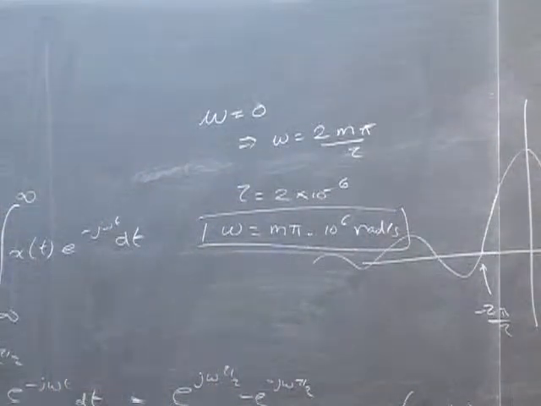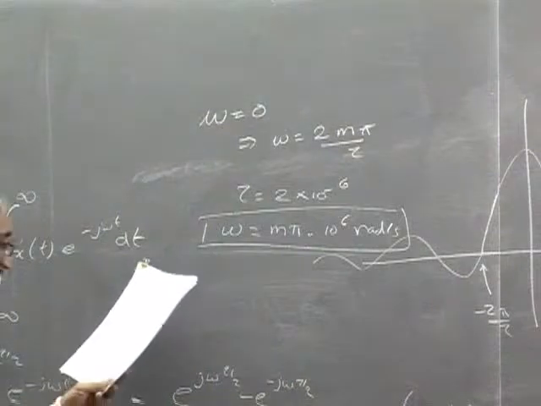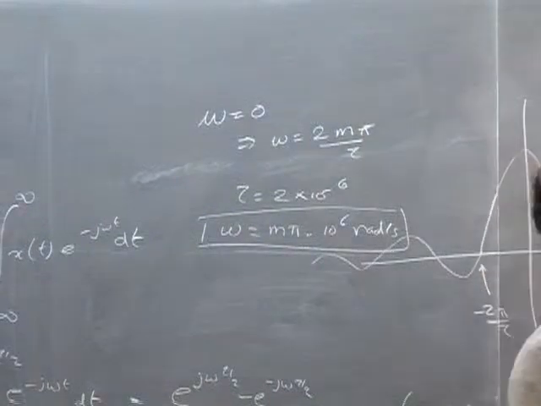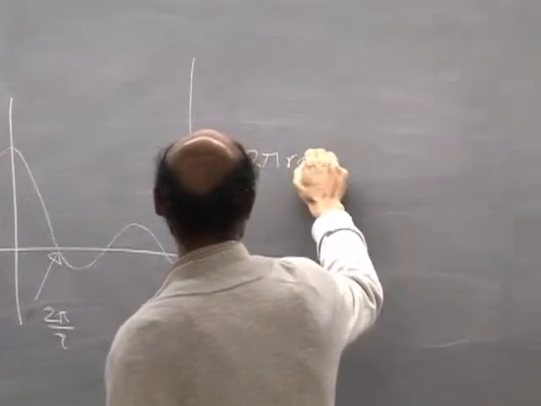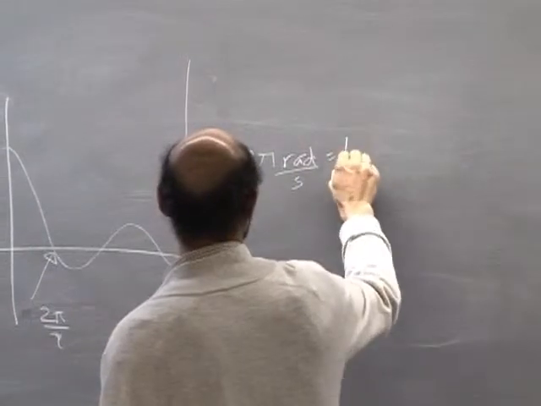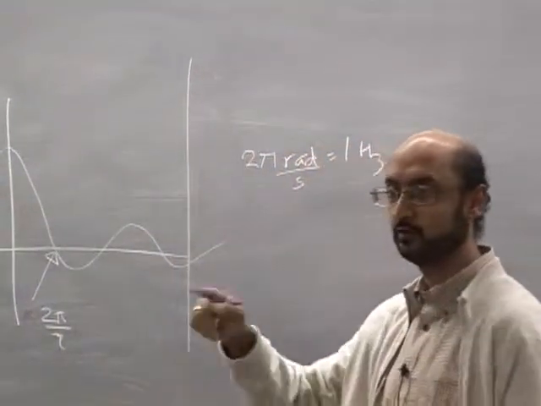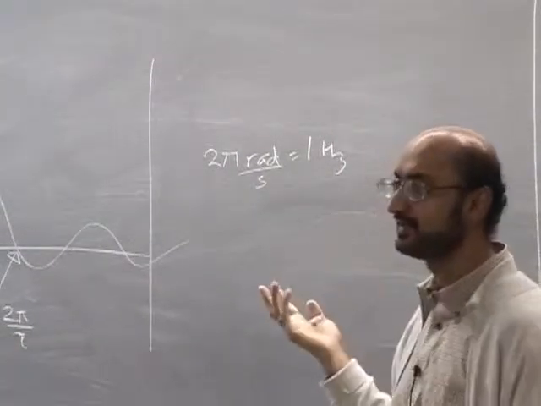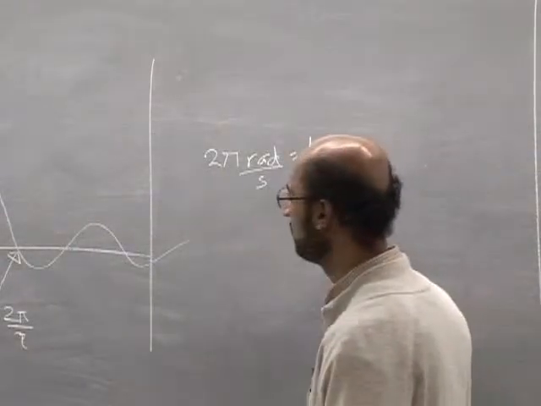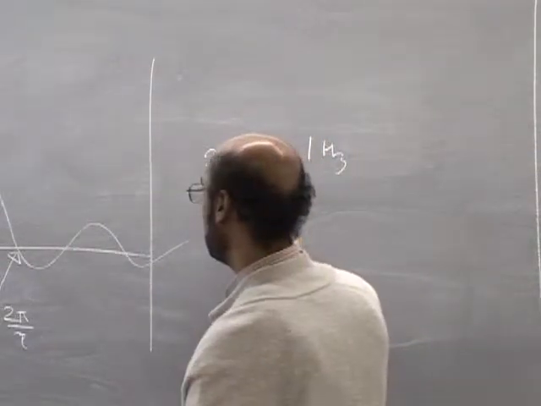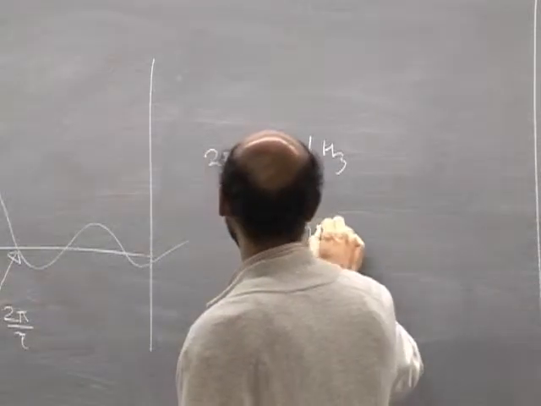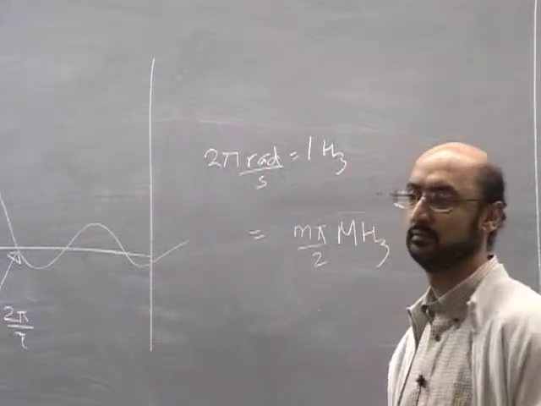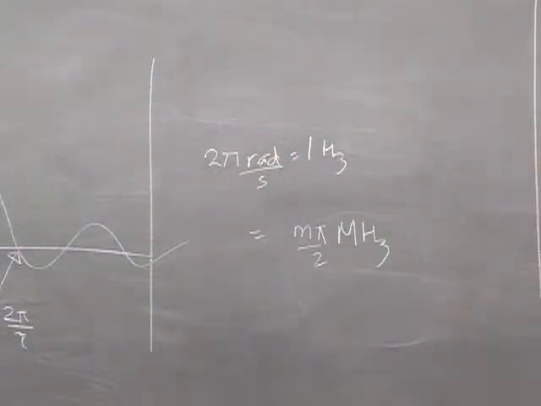To get a better understanding of this, we can rewrite it. We know that 2π radians per second equals 1 hertz, because in 2π radians you do one complete rotation of the phasor, that's 1 cycle per second, or 1 hertz. That's the conversion formula. So that can be rewritten as mπ by 2 megahertz, which is where the zero crossings are.